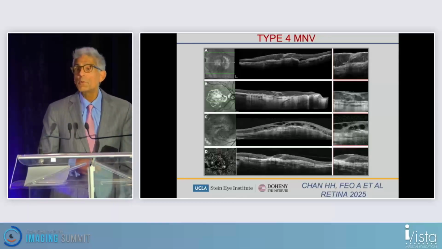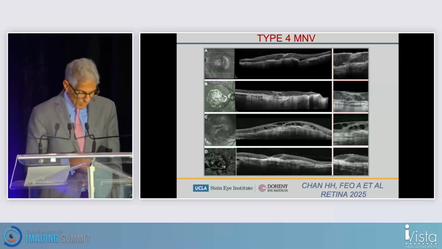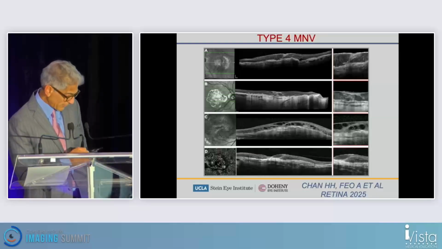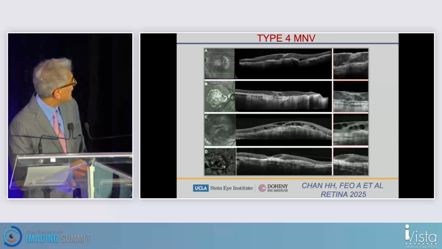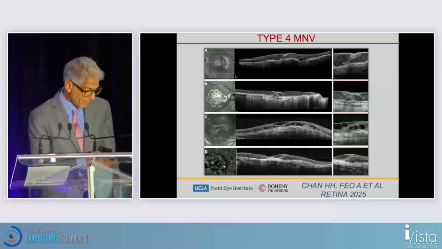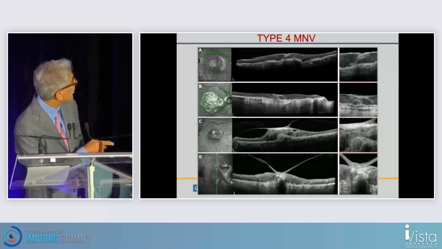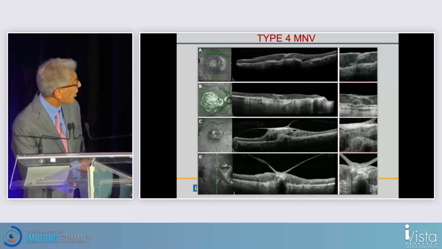And what we were able to identify in about a dozen of our neovascular AMD patients was this particular form of neovascularization that was associated with this fibrotic membrane that was growing into the subcortical space that was previously referred to as central posterior hyaloidal fibrosis. And you can see evidence of this central posterior hyaloid fibrosis in all of these cases.